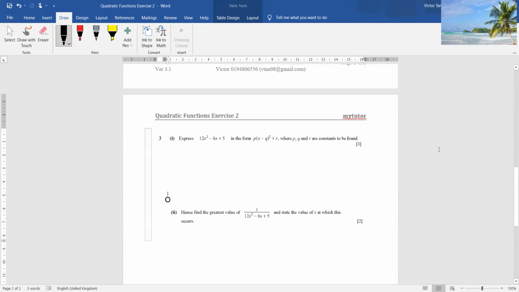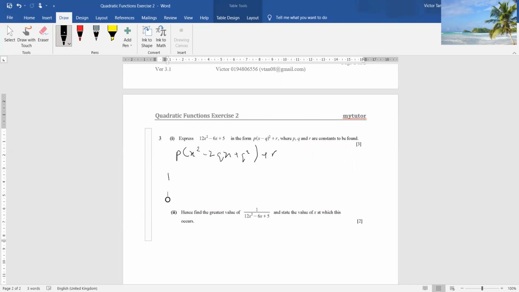Express 12x squared minus 6x plus 5. Okay. So you can again, in O levels, you can always expand and compare coefficients. That is what I will do. In O levels, this is the easier way. p(x minus q) squared is p times x squared minus 2qx plus q squared.